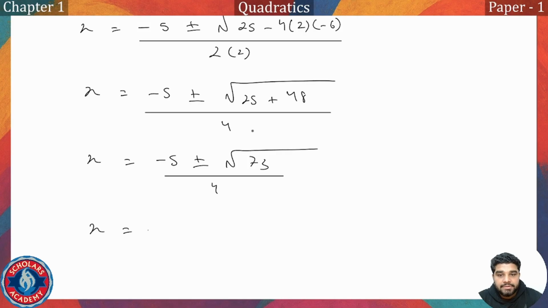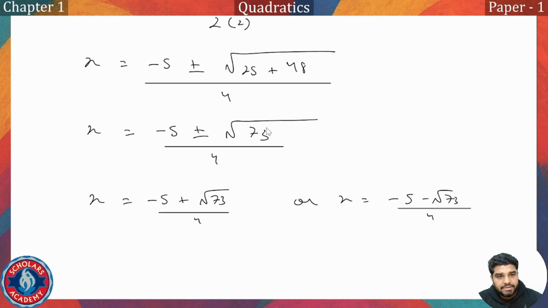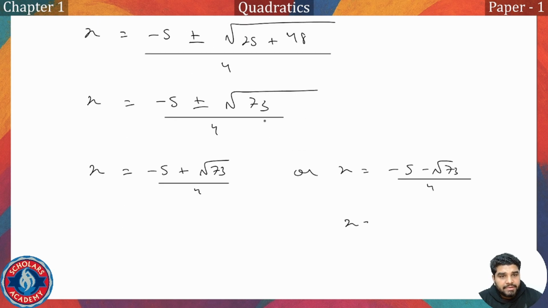We get x is equal to negative 5 plus root 73 by 4, and we get x is equal to negative 5 minus root of 73 by 4. So I think x for the minus part will be negative 3.39, and for the plus part it is 0.89. Okay, let's move forward.